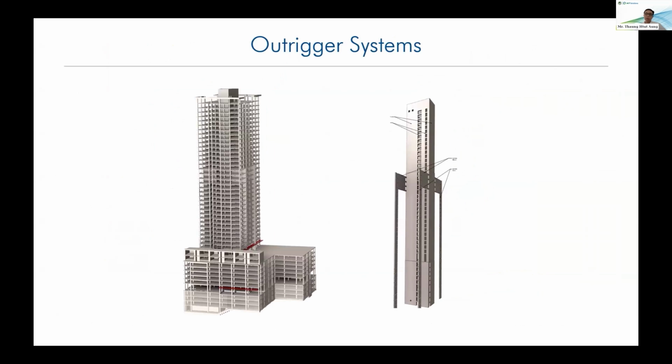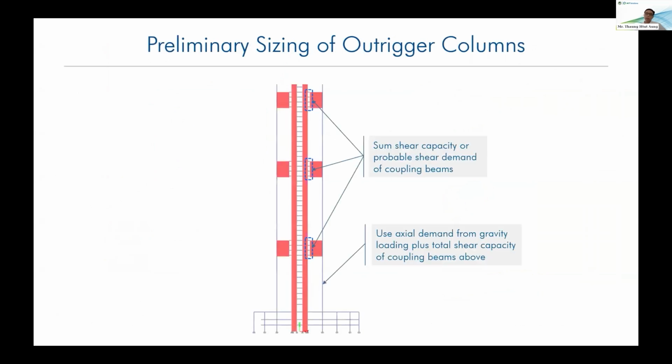And in tall buildings, these days we use the outrigger systems. So when we determine the initial sizing of the outrigger columns, if we have the coupling beams in the outrigger walls, connecting the outrigger walls and the core walls, we can check the summation of the shear capacity or the probable shear demand of the coupling beams.